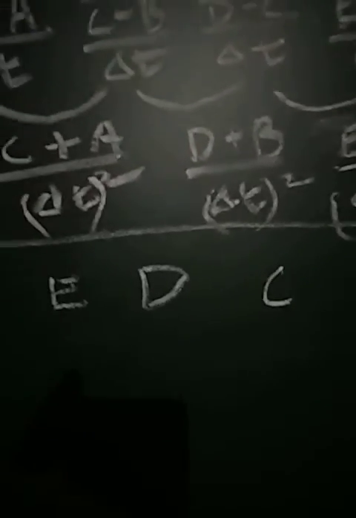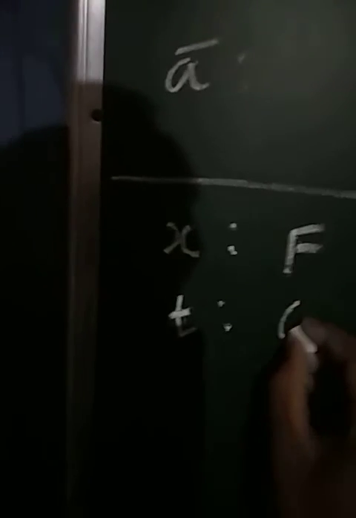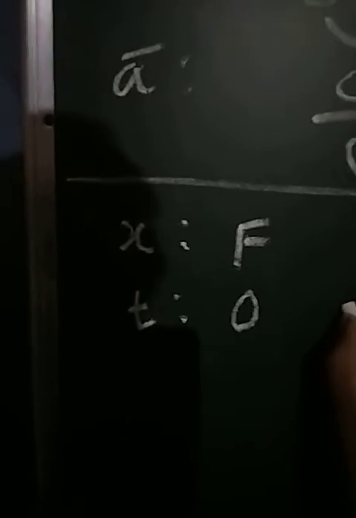So this will be 0, and here we have del t, here we have 2 del t, here 3 del t, here 4 del t, and 5 del t.